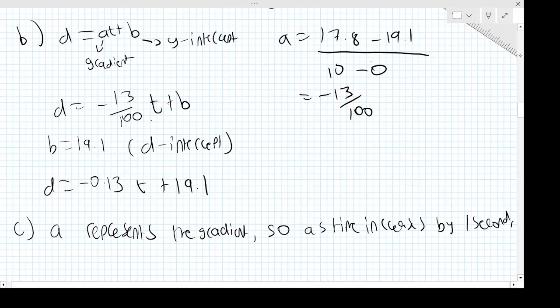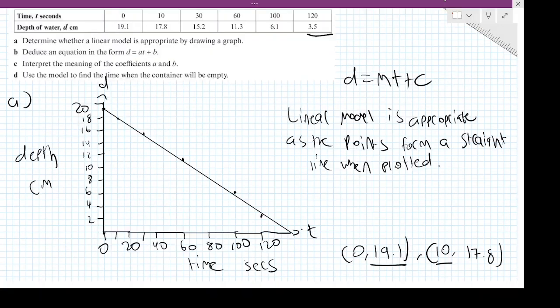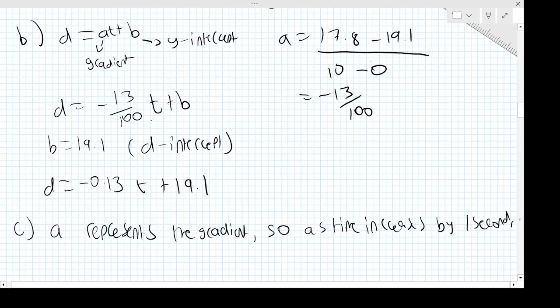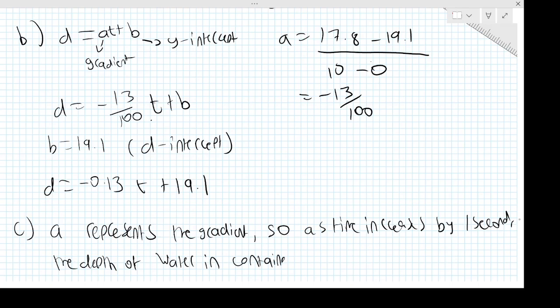So it increases by the gradient. So d again was the depth of water in the container, because that's the problem we've got, the depth of water in a container.